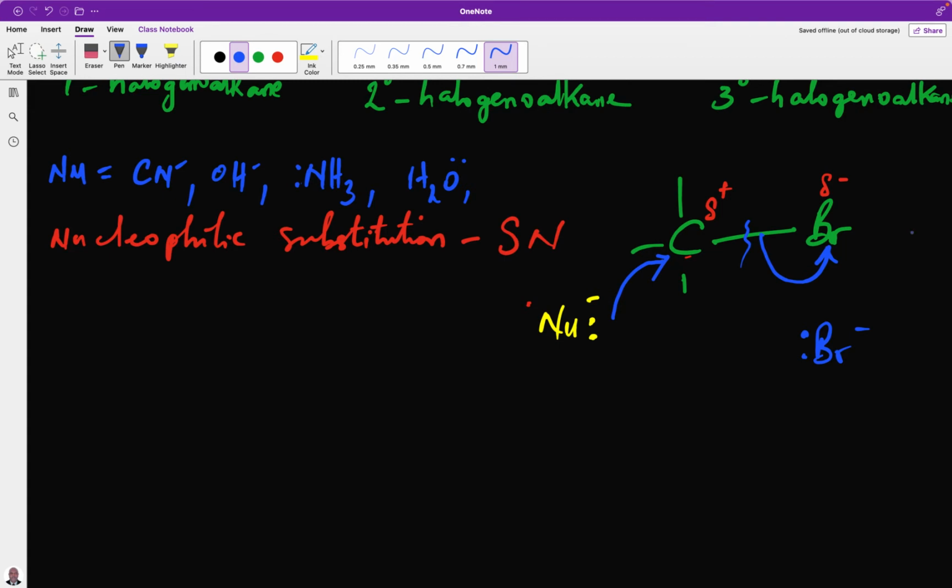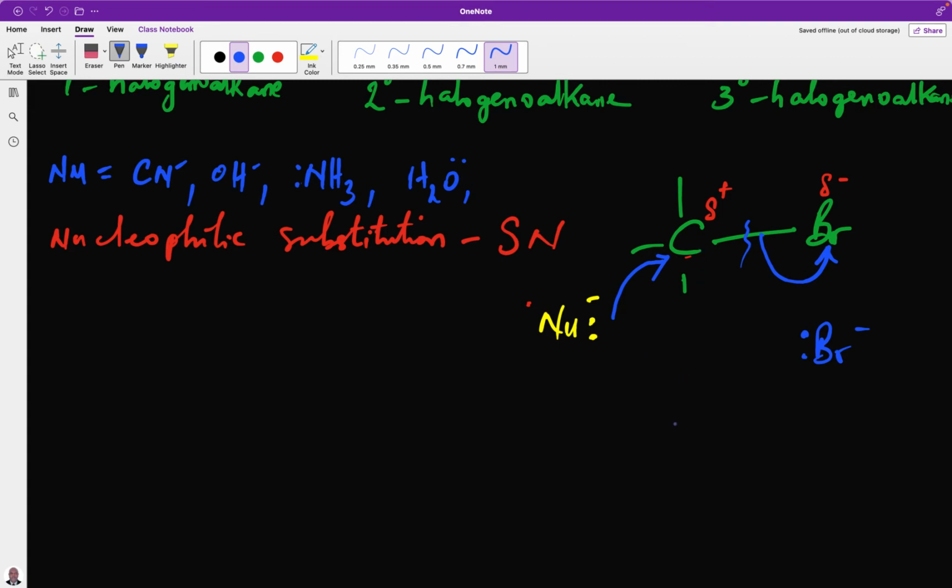Because bromine has taken away the bonding electrons, it has to donate this lone pair, and it is using that same lone pair to form a bond.